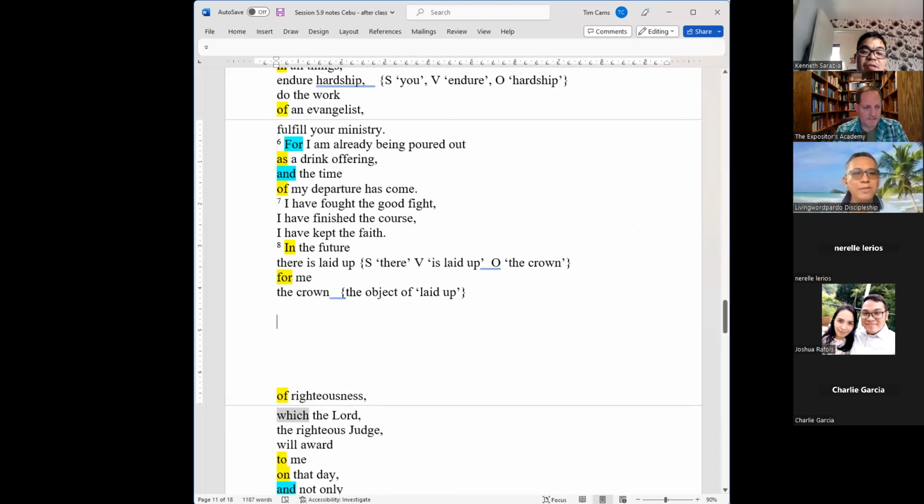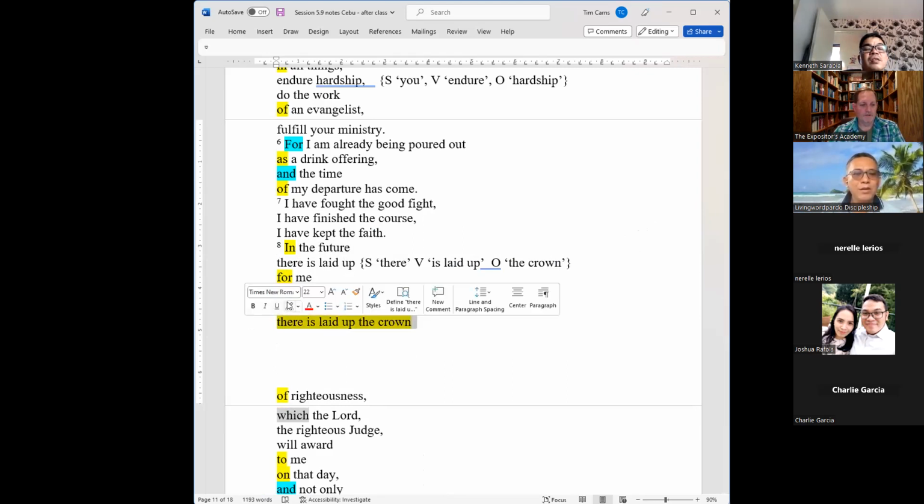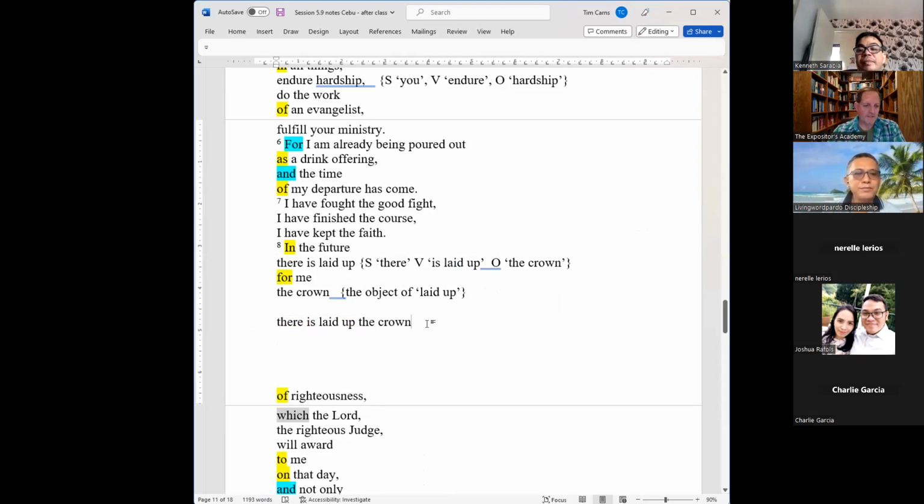Oftentimes, so let's ignore for me for a minute. That's just an extra phrase. Here's the main, there is laid up the crown, right? That is the full subject verb object of the clause. Now, if we put there is laid up the crown for me, if we put for me at the end, then it could modify crown.